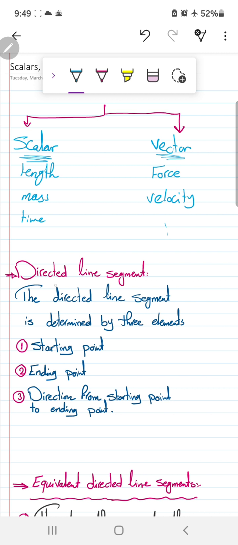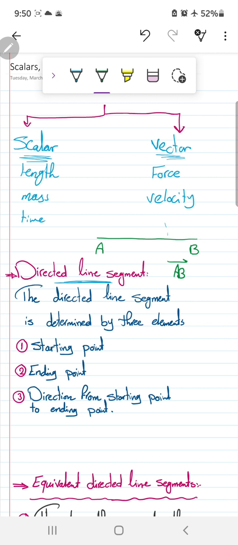Here we talk about directed line segment. If we have line segment AB, we said before that it has a starting point and an ending point. What about a directed line segment? We denote the directed line segment by AB with this symbol, which means directed line segment.